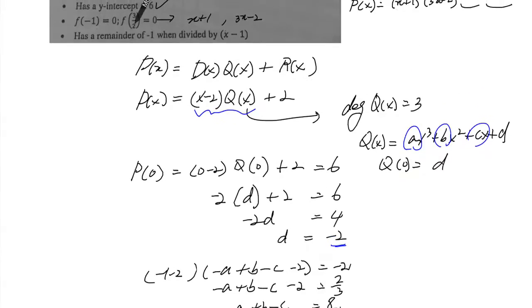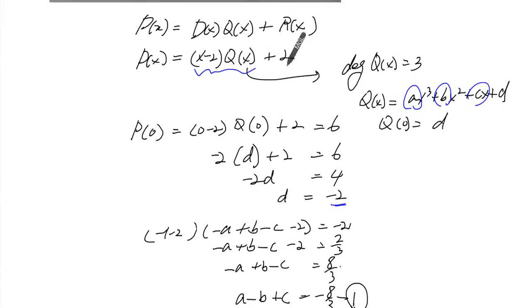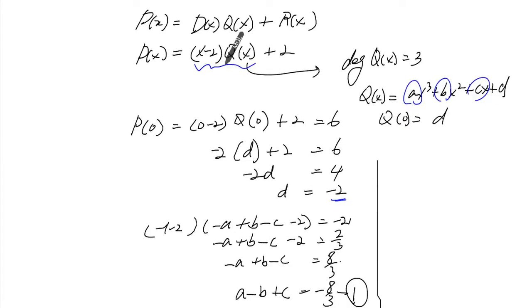Now, we can also plug in 3 over 2. So plug in 3 over 2 in here, 3 over 2 minus 2, and plug in 3 over 2 in here, and we get 27 over 8 a, 9 over 4 b, plus 3 over 2 c minus 2. d is already minus 2.